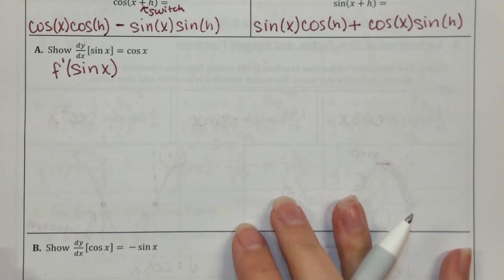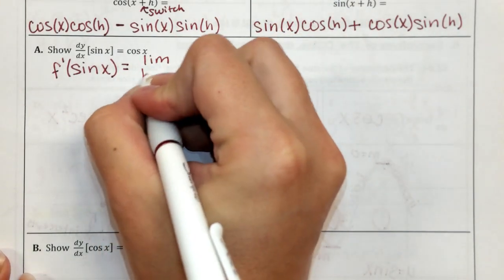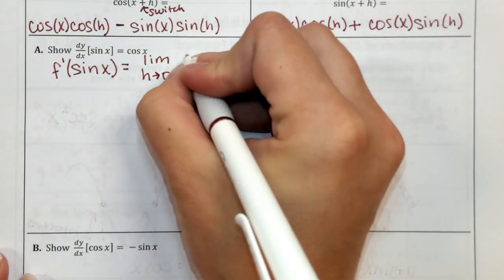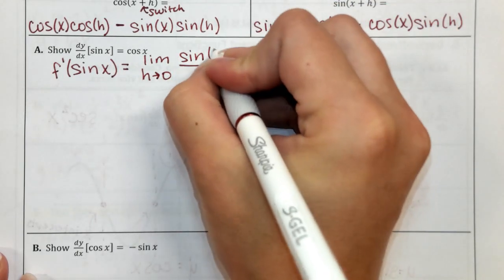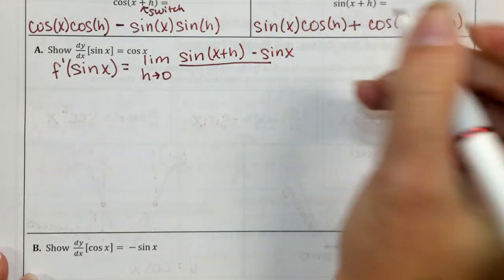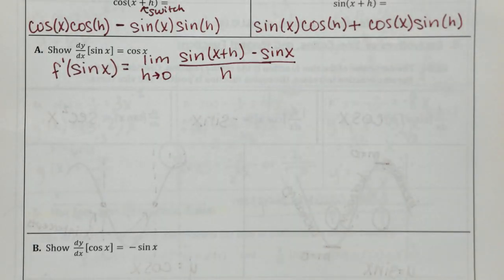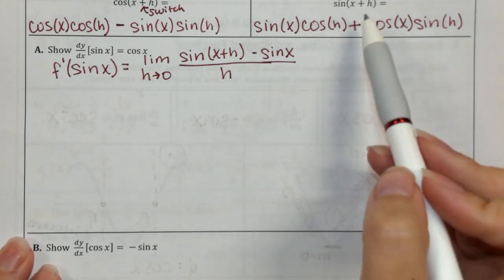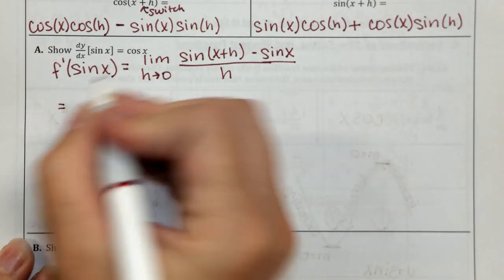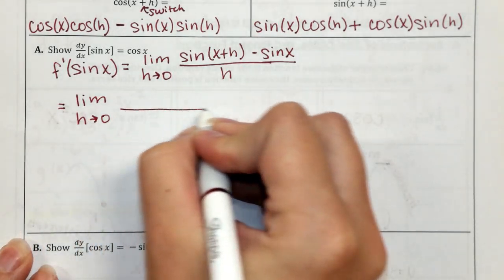Okay, so back down to here. I have my limit as h approaches 0. So we're taking sine of x plus h minus sine of x over h. So now we're going to take this rule for sine of x plus h and add it in. So I have my limit as h approaches 0.